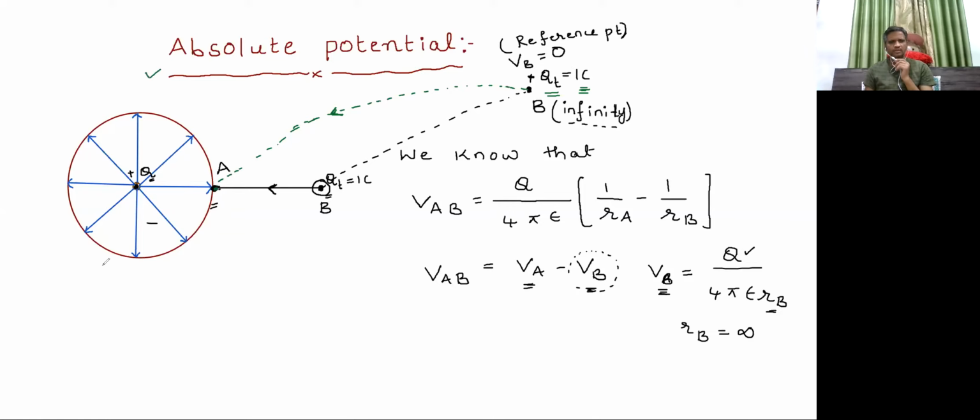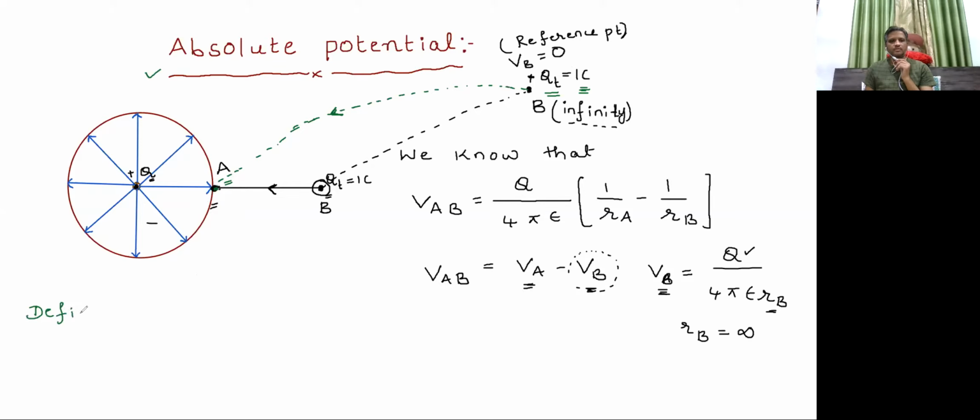So here everything is work done: the expression of work done, potential difference and absolute potential are all work done only. So this absolute potential is defined as the amount of work done to move a 1 coulomb test charge from infinite to a location A. That's what we have to write here.